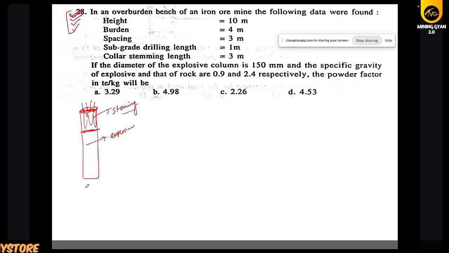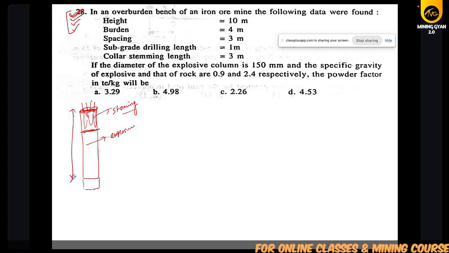Sometimes you drill the hole more, and that is sub grade drilling. This is your main hole, and this is your sub grade drilling length.